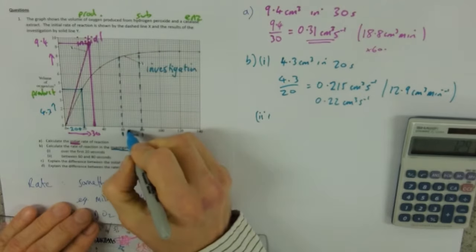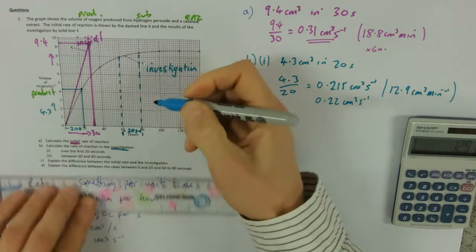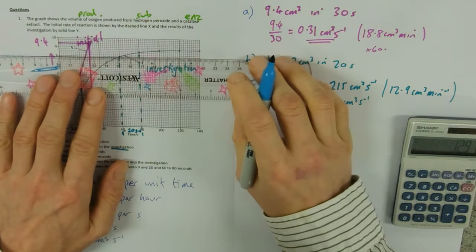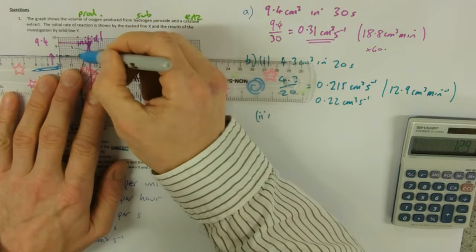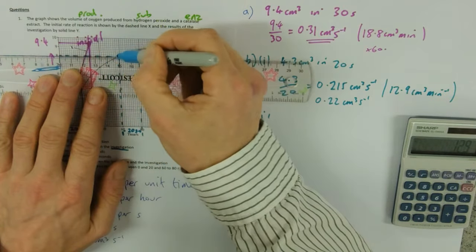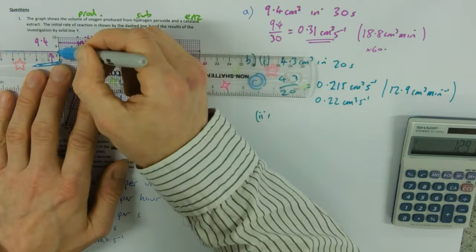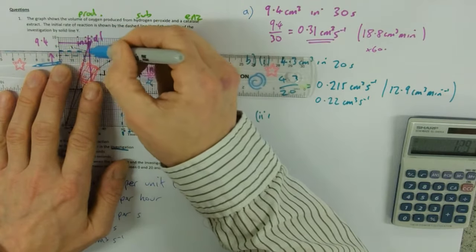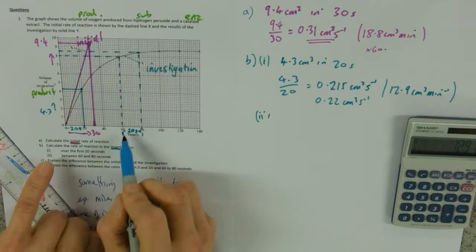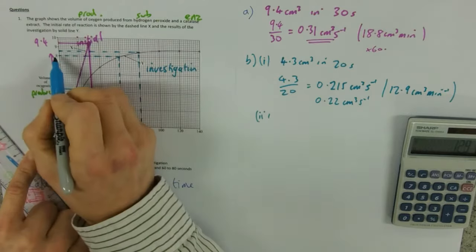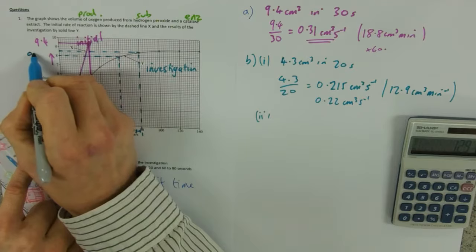That's 20 seconds. Slightly more difficult to read this, but it's gone up from 8 to halfway between 8 and 9, so it's gone up 0.5.